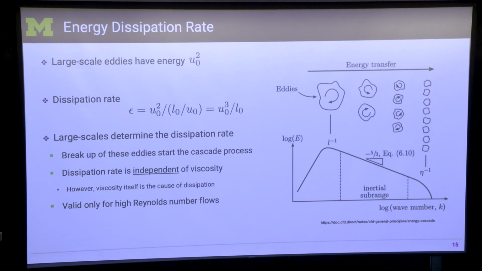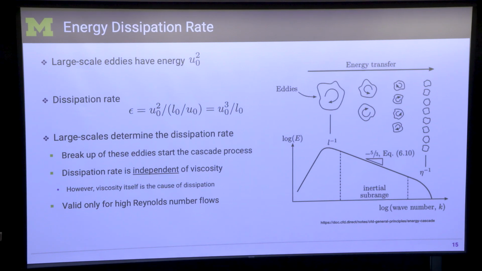Now, this is a funny object, epsilon. The words say dissipation rate, and dissipation occurs because of viscosity, right? So you will always think dissipation rate should have viscosity in it, but it has no viscosity term in it, right? So dissipation itself is caused by viscosity, but the dissipation rate is independent of viscosity.